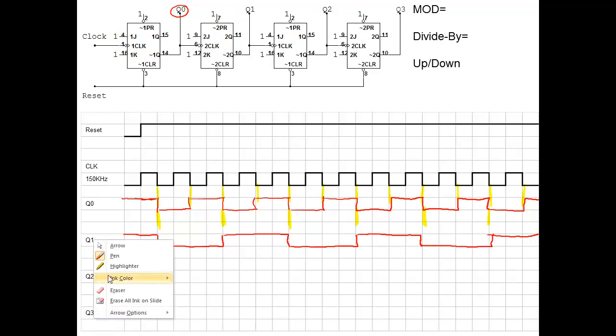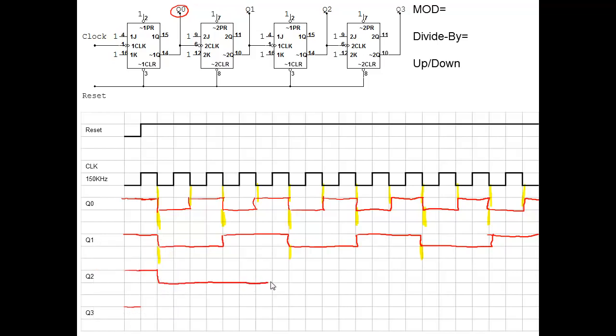Now, our highlighter again. This one now is seeing the negative edge of Q1. So every negative edge of Q1, we're going to put a line or highlight, and we're going to toggle every time we see that negative edge.